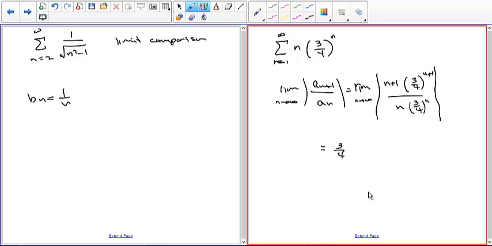So if you look at the convergence criteria for the ratio test, it says if the limit as n goes to infinity of the absolute value of the ratio of a sub n plus 1 over a sub n is less than 1, then it converges. So we would write something out like this.